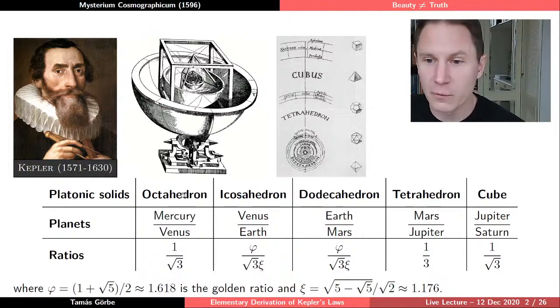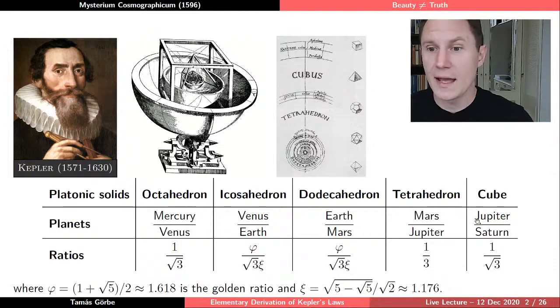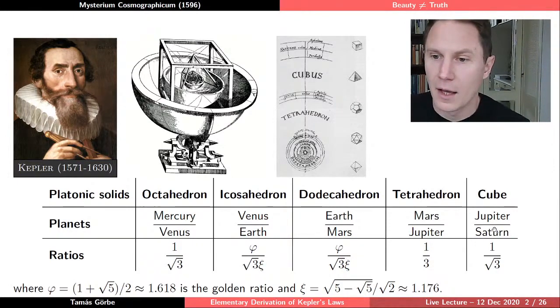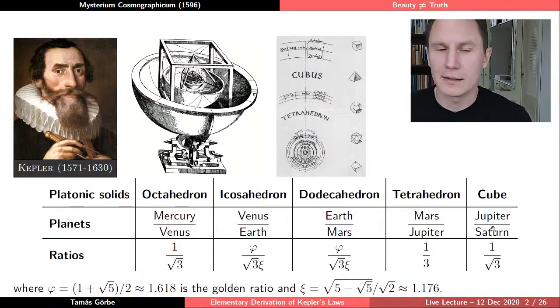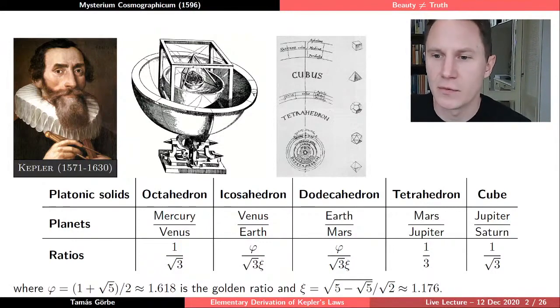And in fact, what Kepler imagined is that you take the orbit of Saturn, let's say, that's a sphere. That's what he imagined it to be, and you draw a cube inside of that sphere, just so it fits in the sphere that is the orbit of Saturn.